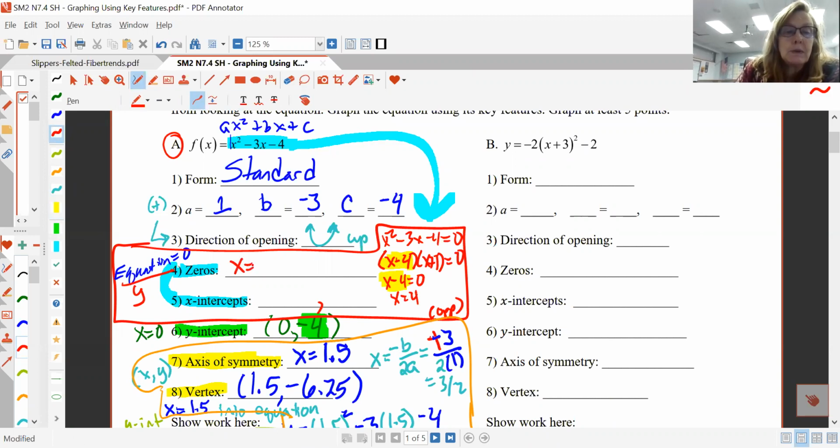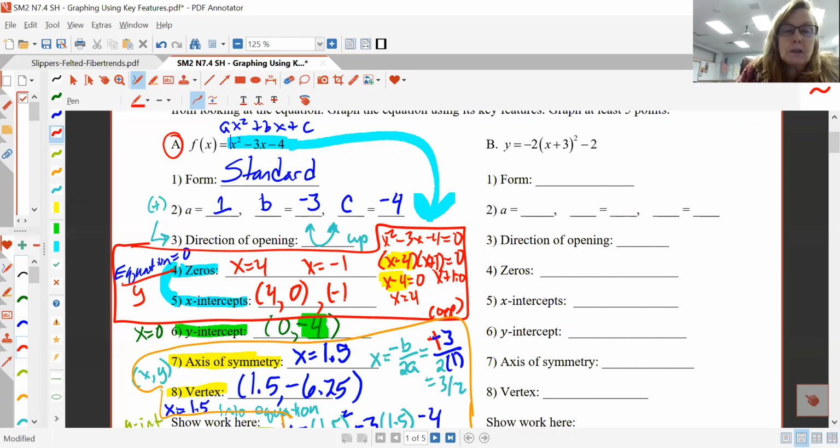So x equals 4 is the first solution, okay? Okay, that's factoring. If you need a factoring review, then we can talk about that a little bit later, but basically what I'm doing there, let me finish out the second one. X plus 1 equals 0, x equals -1, okay? So then I just generate my points.